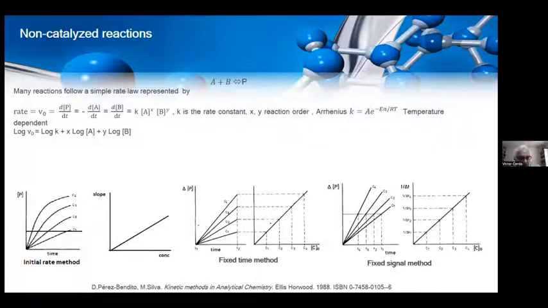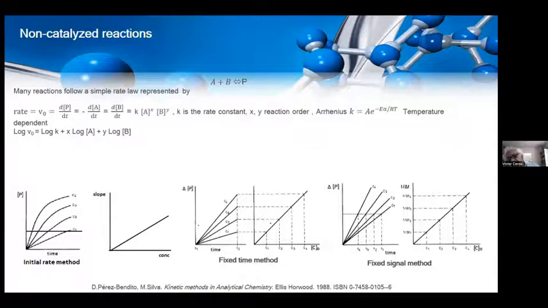Another way to apply the kinetic methods is measuring the product at a predefined time. We have the fixed time method. In this way we can represent the calibration curve, the variation of the signal versus the concentration.